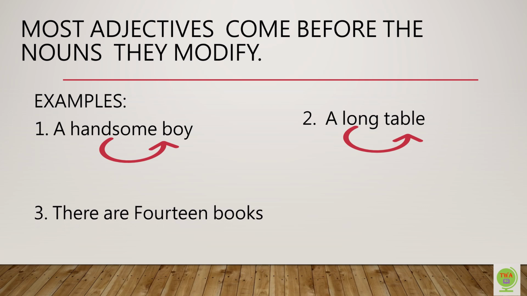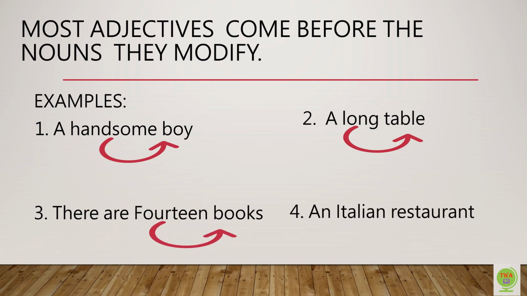Let's go to number 3. There are 14 books. The word 14 here is our adjective because 14 describes how many books. All right. And then the last one we have is an Italian restaurant. Our adjective here is Italian because this is the word that describes restaurant.